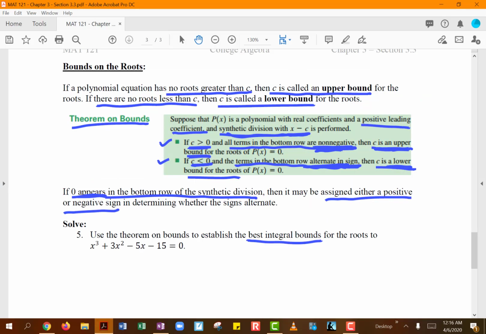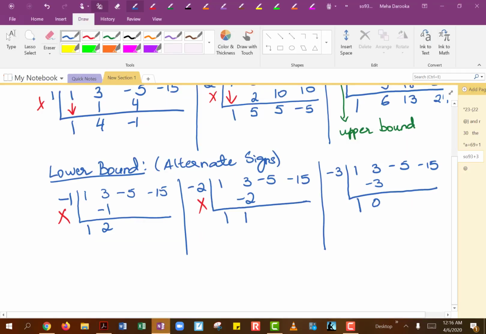When you got 0 in the bottom row, you can assign it either a positive or a negative sign if you wanted the signs to alternate. So you can actually think of this 0 as being a -0, because my 1 is positive, so you can think of this 0 as being negative. Obviously, when you multiply 0 times -3, you get 0.